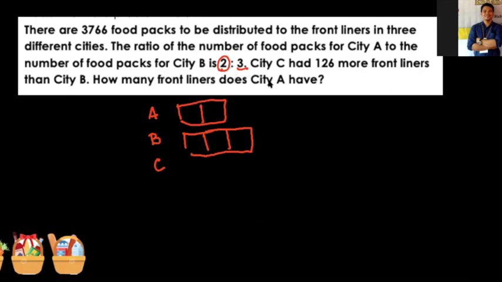But we know that City C had 126 more frontliners than City B. So meaning City C has also 3 units but more than 126. Okay, it has more than 126 frontliners. But we don't know if that 126 is equal to the other units.